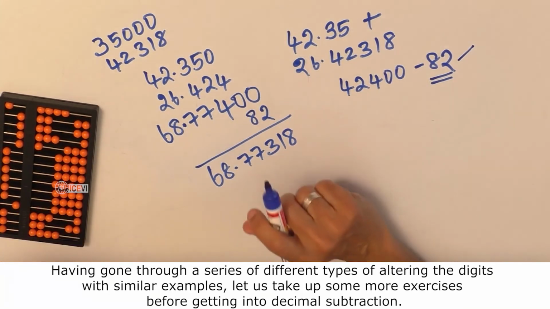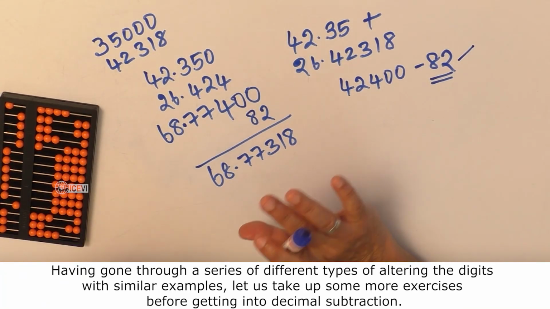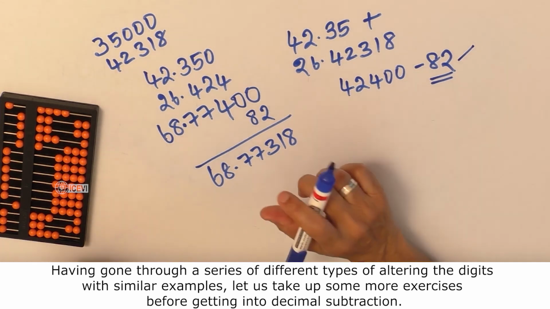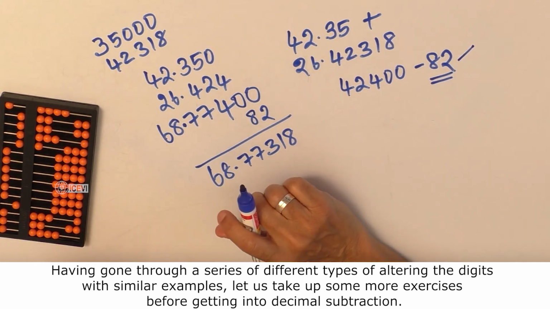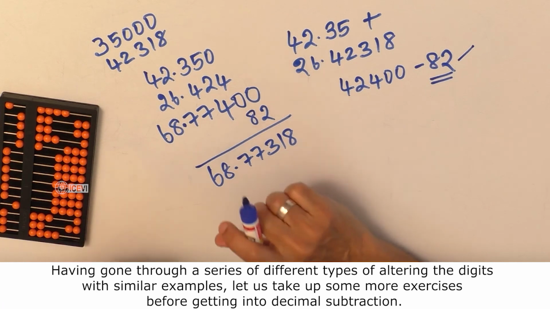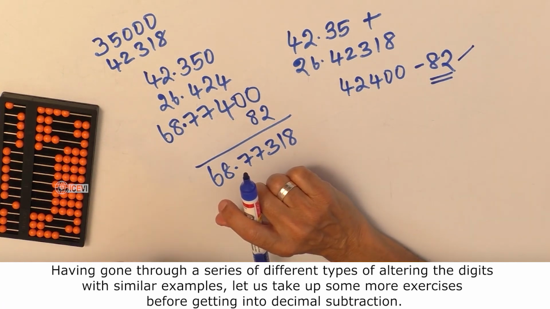Having gone through a series of different types of altering the digits with similar examples, let us take up some more exercises before getting into the decimal subtraction.